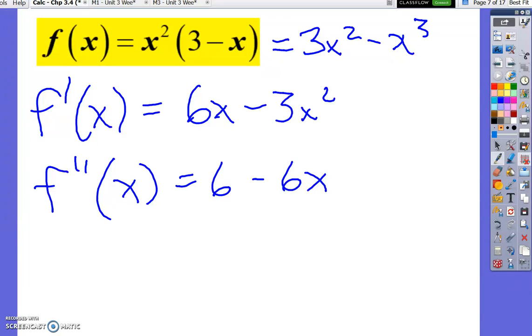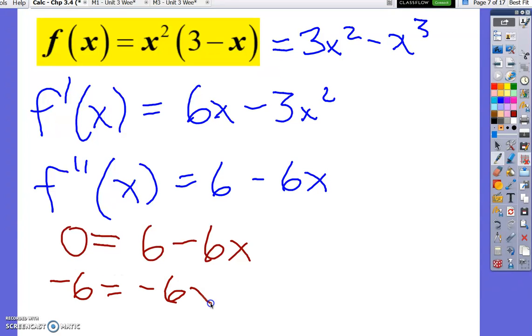Okay, so there's our second derivative, and let's set it equal to 0 to figure out when it changes from positive to negative. So that's going to be negative 6 equals negative 6x. So x equals 1. So at x equals 1, it's going to cross the axis.